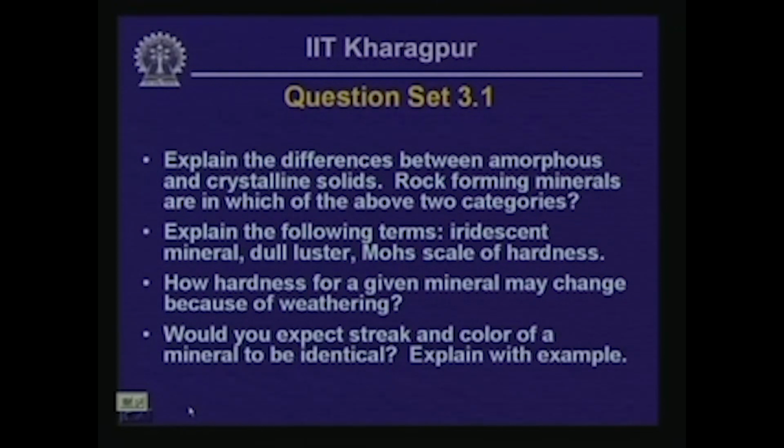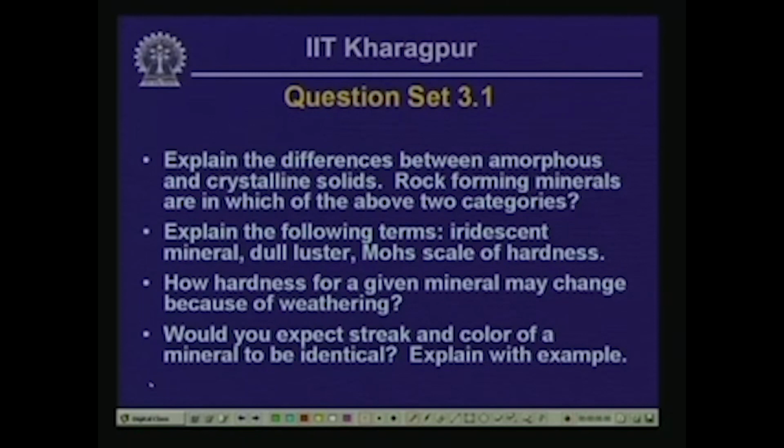Now, the last question that I asked was whether you would expect streak and color of a mineral to be identical. Streak and color are two different characteristics, as I explained in the last lesson. Streak is the color of a powdered mineral, whereas color is that of the intact mineral. These two things are distinct mineral properties. I indicated this in the last presentation itself.